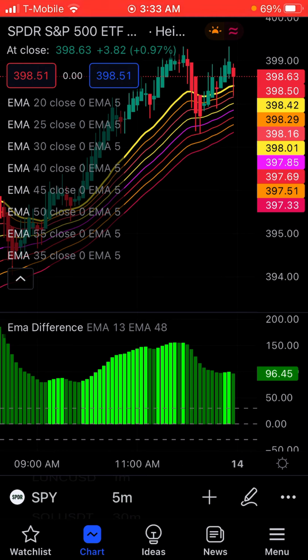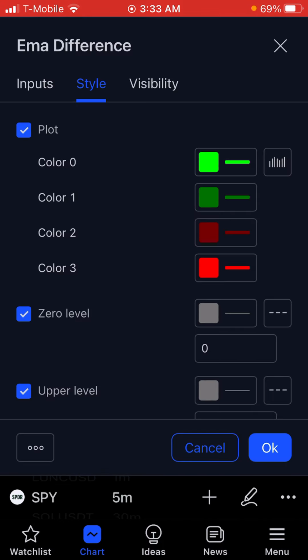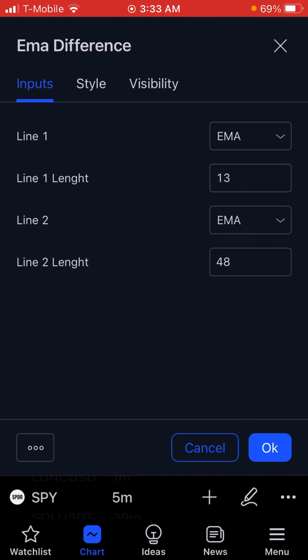But what I found in this update is I took away the 1348, and instead of having the 1348 with the EMAs, I put them down here with the indicator. It says EMA difference. For EMA difference, I just went to settings and changed my inputs to 1348.